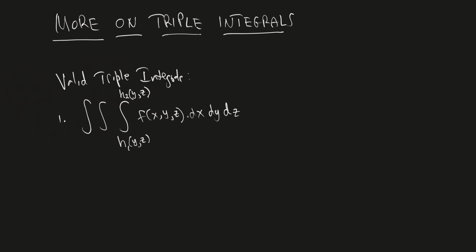Yeah, so if we're going to integrate with respect to x first, for this to be a valid thing, the worst case scenario is the first pair of limits could have the other 2 variables. Because here's what's going to happen.